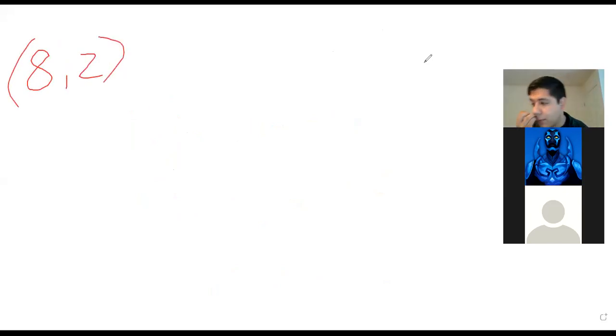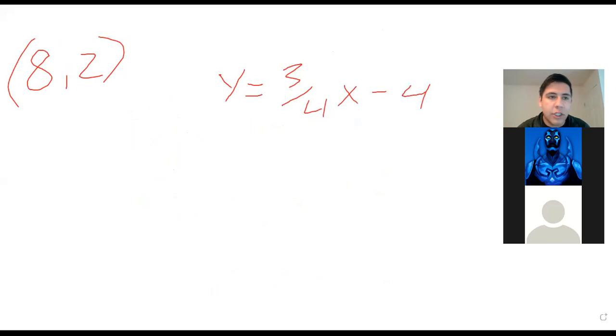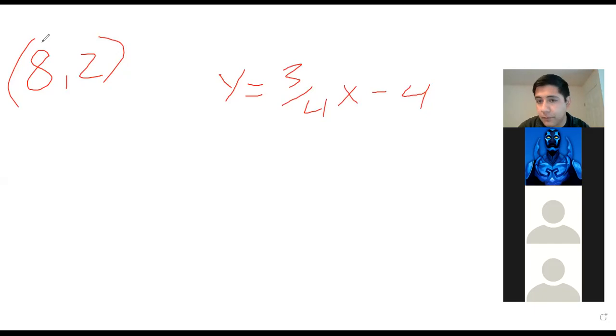So I'm going to start off with y is equal to 3/4 x minus 4. So if I want to check it, what should I do with my solution here, 8 and 2? Solve the equation. So how are we going to solve it? mx plus b.